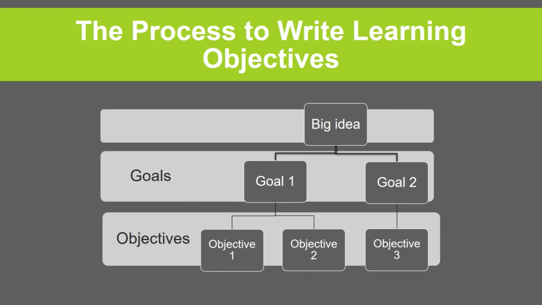The process to write learning objectives fits into this framework. The objectives are at the lowest level, most specific, making up and contributing to the goals for your course. And then, of course, there's one overarching big idea that you'll have for the course that you teach your students.